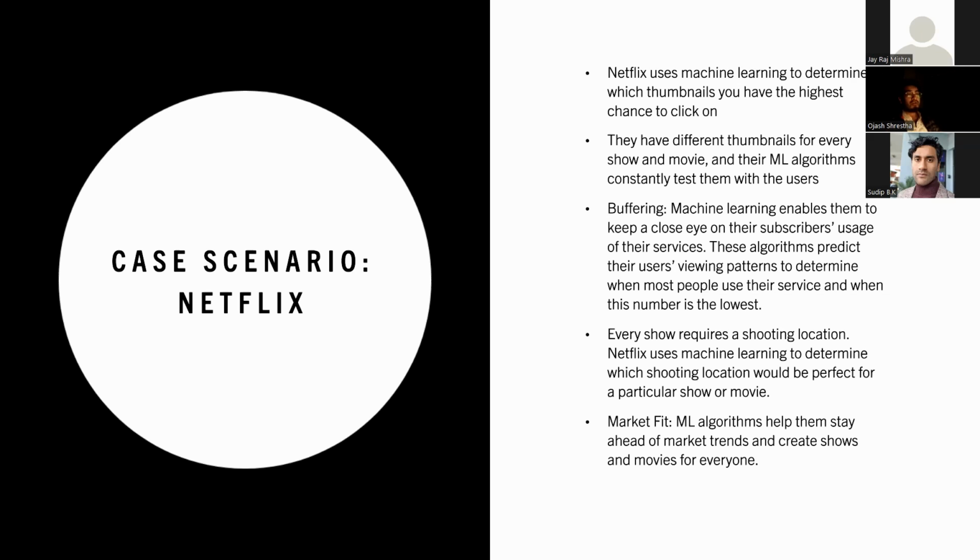So a lot of machine learning goes into making sure that buffering on your system does not occur, right? And a lot of algorithms are used to predict the viewing patterns of Netflix subscribers.